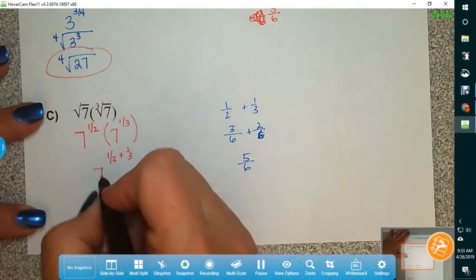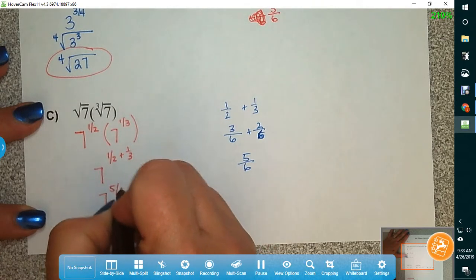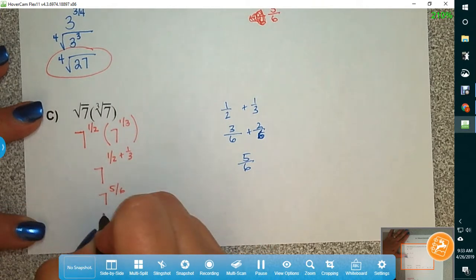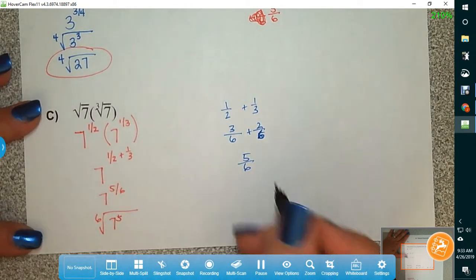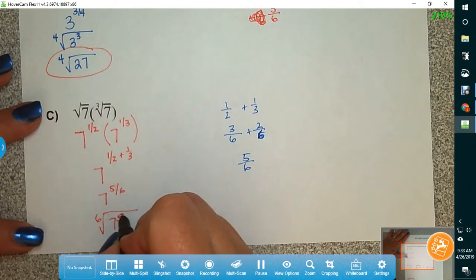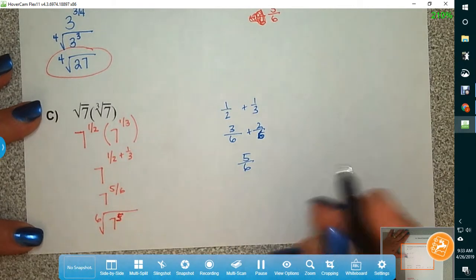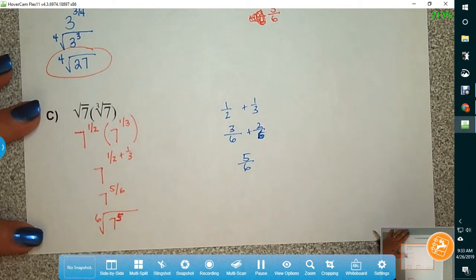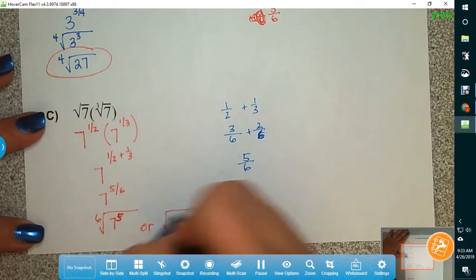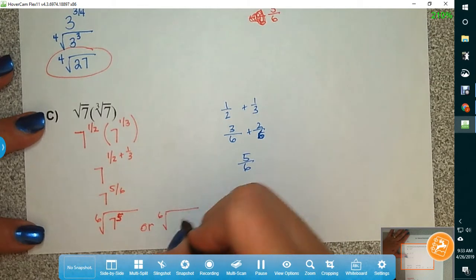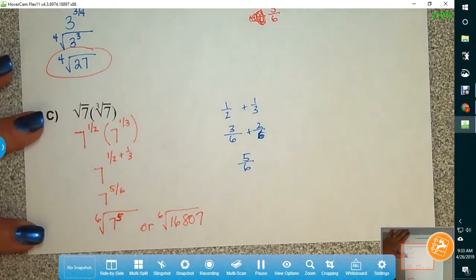So 7 to the 5 over 6. Put it back in radical form. And because this is going to give me such a large number, if your exponent is more than, say, 3, I'll let you just leave it. Or if you want to multiply this out, you end up with the 6th root of 16,807.